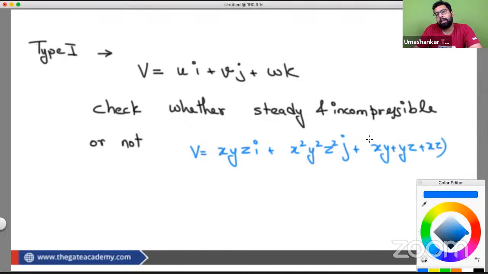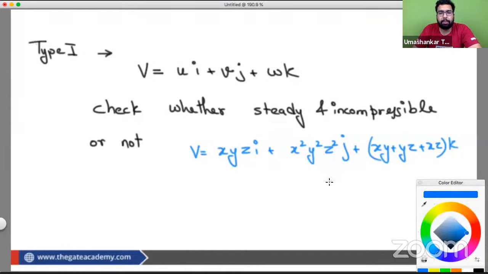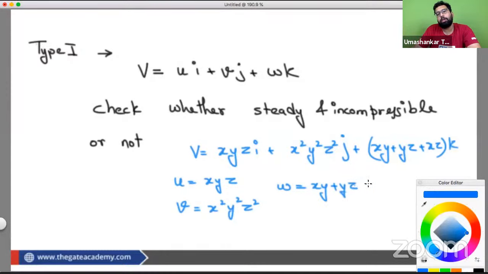If they ask you to check whether the flow is steady and incompressible, what is to be done? You can see that u is xy, v is x square y square z square, and w is xy plus yz plus xz.